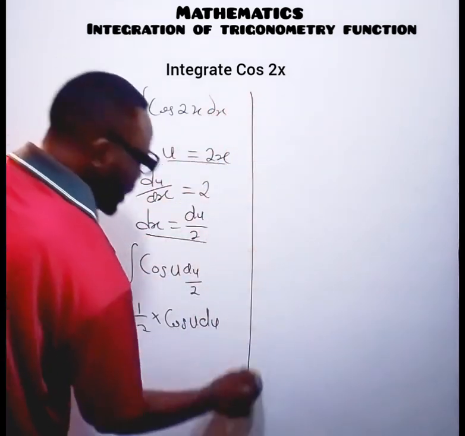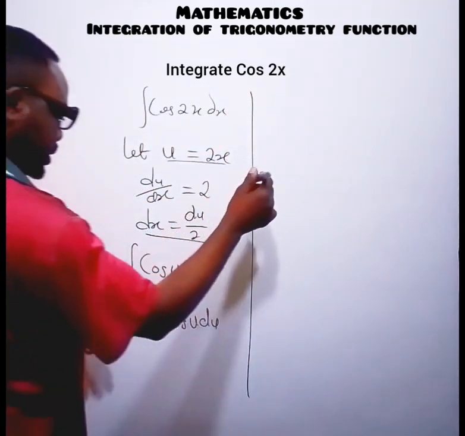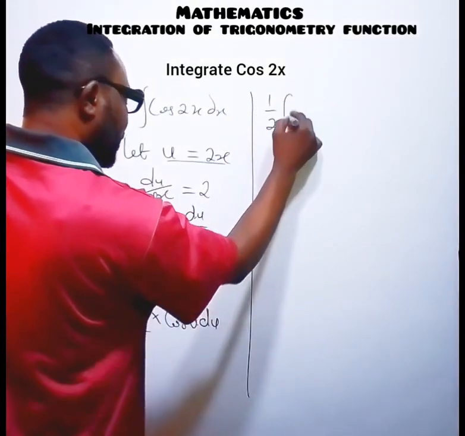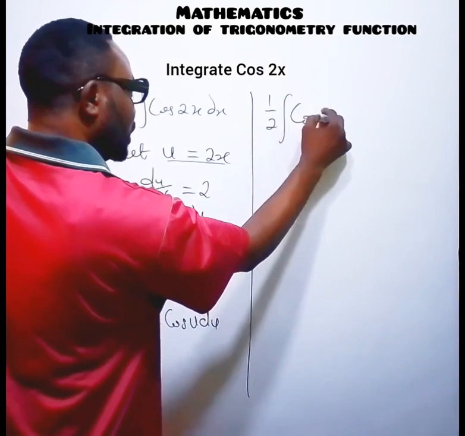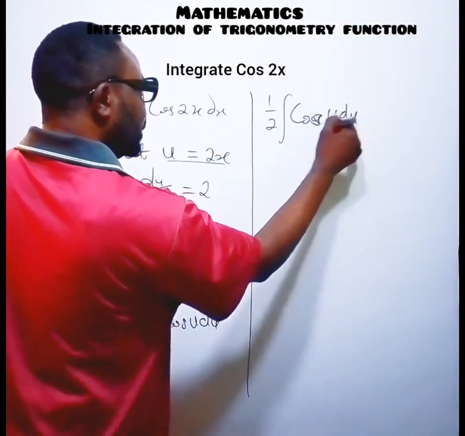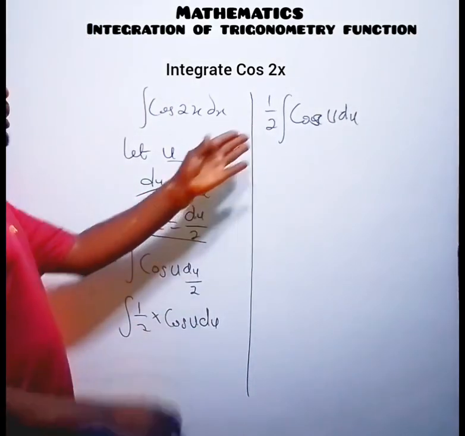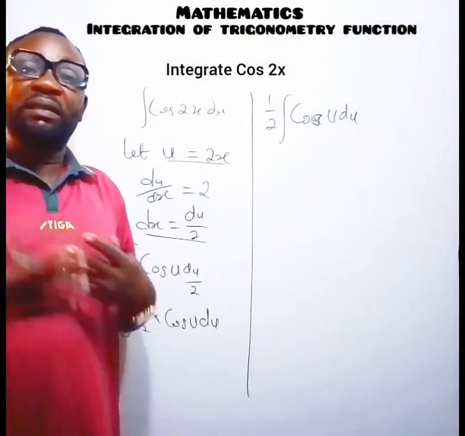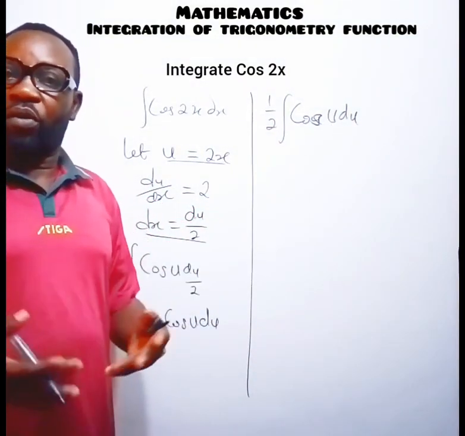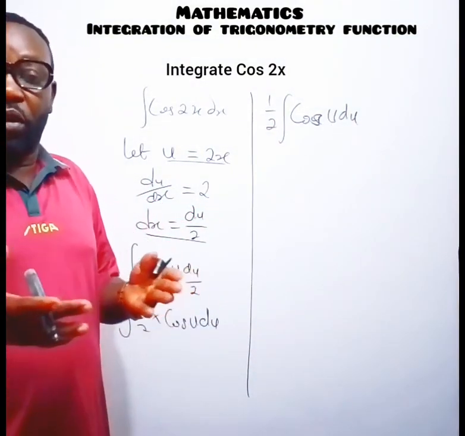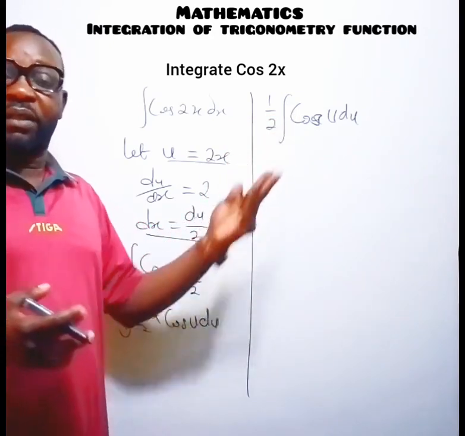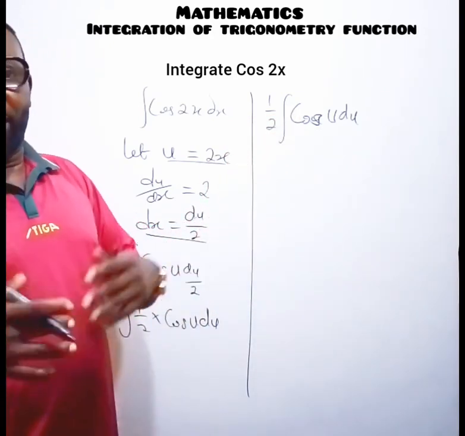So this can now be transformed into 1 over 2 integral of cos u du. What this is telling us is to integrate cos u. And what is the integration of cos of a particular value? The integration of cos u is sine u.